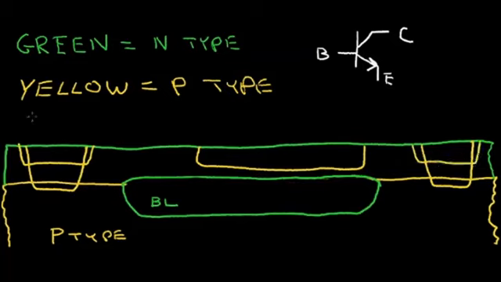Now the next step, I'm going to take in some N material and I'm going to dope this region with an N material. And at the same time, I'm going to put a higher concentration N material over here.